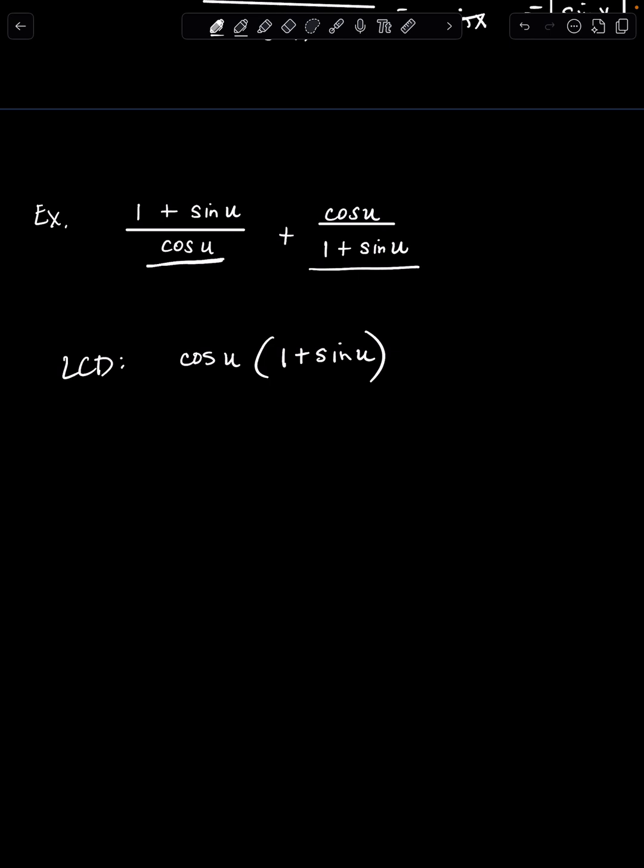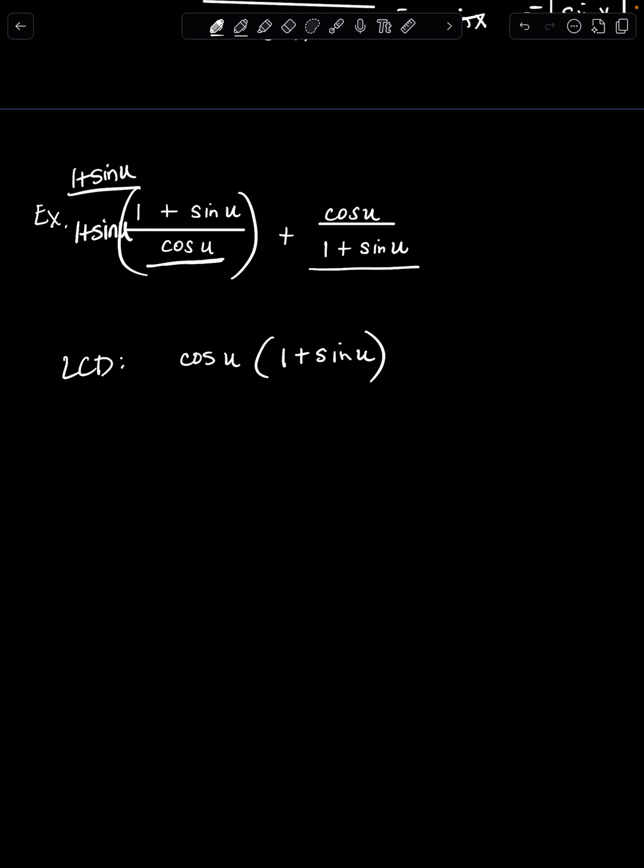All right, so going back to what you know about adding fractions. In this first fraction, I have cosine of u on the bottom, but I need the 1 plus sine of u, which means I'm going to have to multiply by 1 plus sine of u over 1 plus sine of u, right?